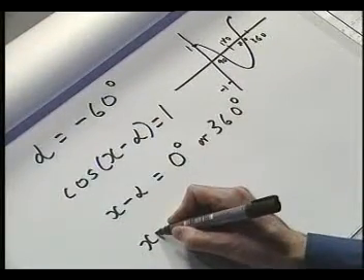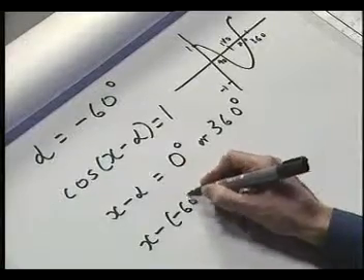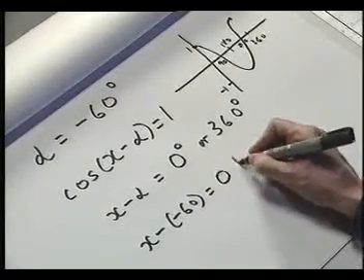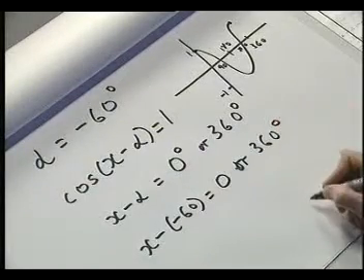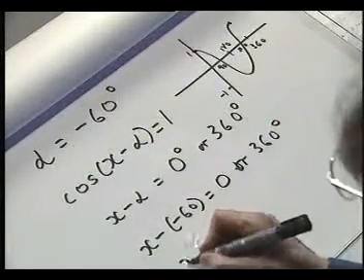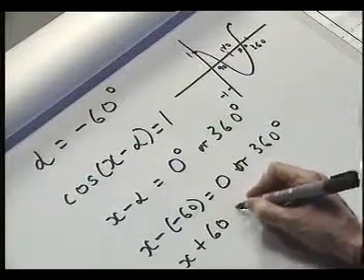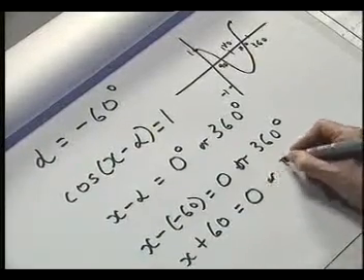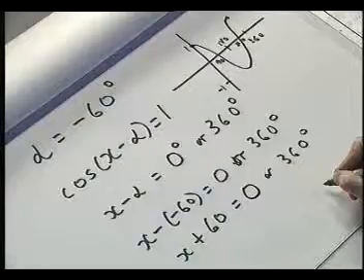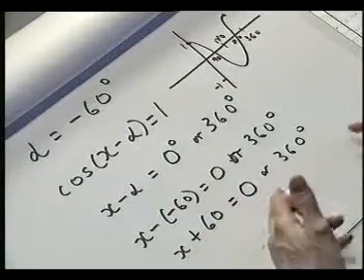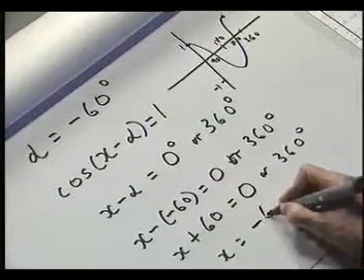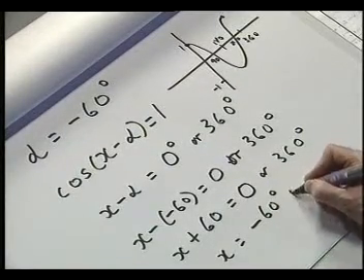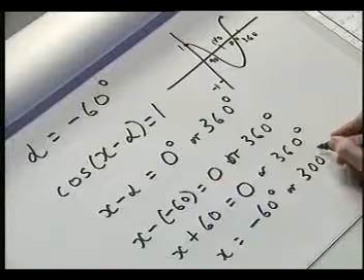So x minus minus 60 is equal to 0 or 360 degrees. That's x plus 60 is equal to 0 or 360 degrees. And now we can take 60 away from both of these. So x is minus 60 degrees or 300 degrees.